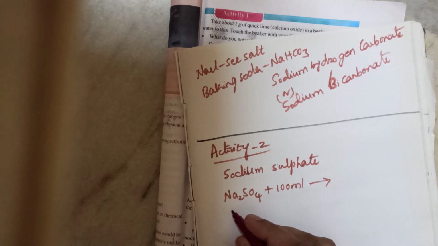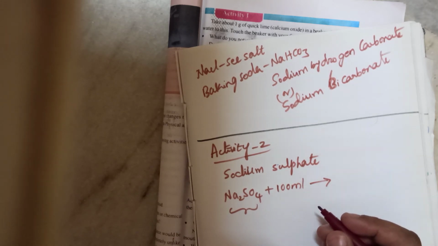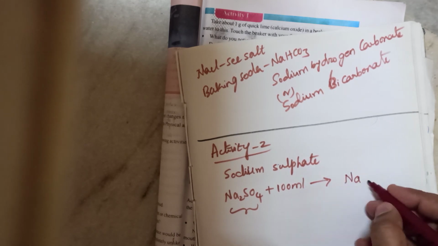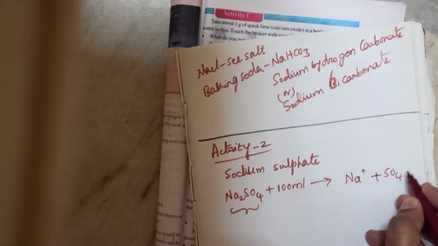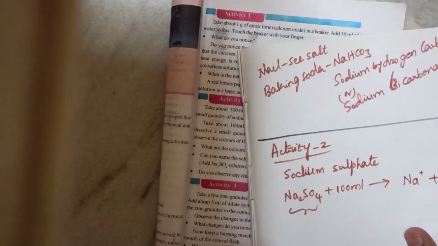We know that Na2SO4 is a strong electrolyte, and when we mix it with 100 ml of water, it will dissociate into sodium ions and sulfate ions. As these dissociate into two ions, heat energy will also be released.